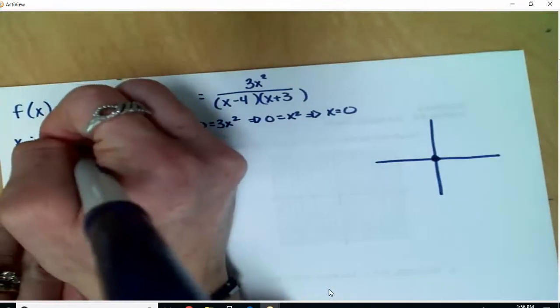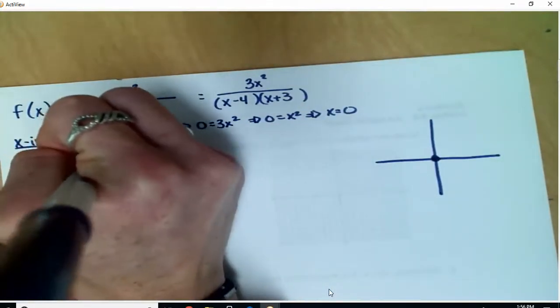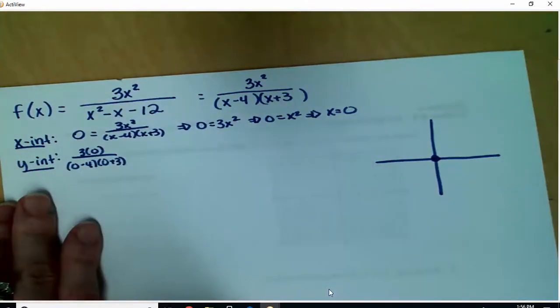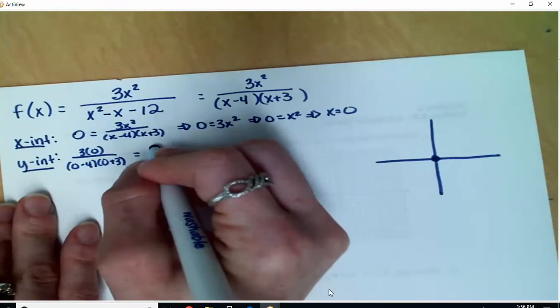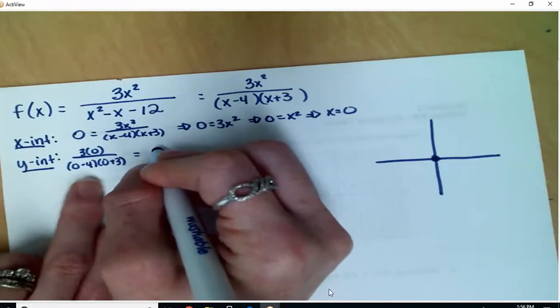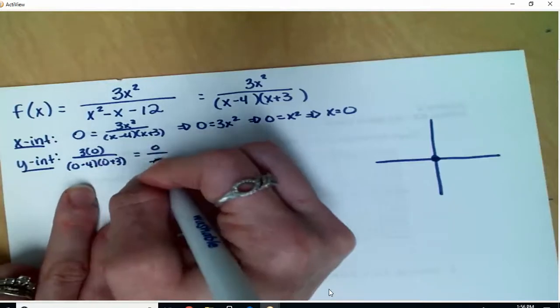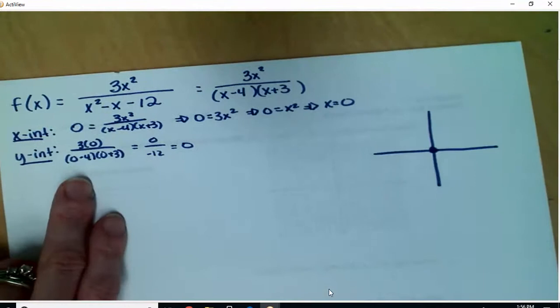Y-intercept is when x equals 0, so if you plug in 0 for all of your x's, what do you get? Three times 0 is 0. -4 times 3 is -12. 0 divided by -12 is 0. So my y-intercept is also 0.